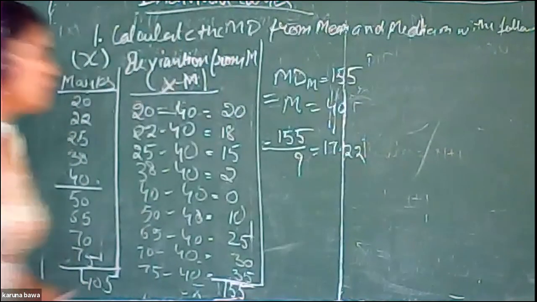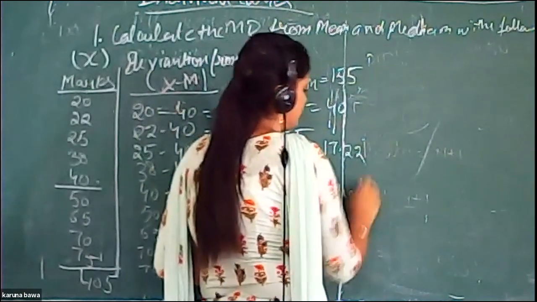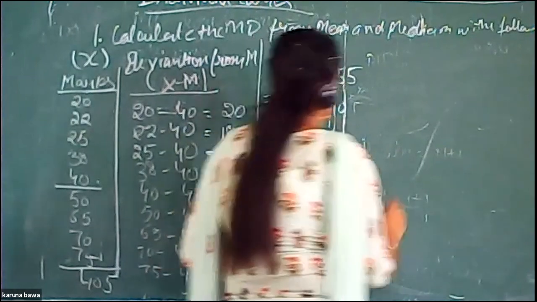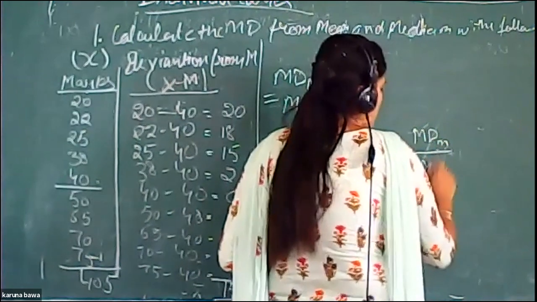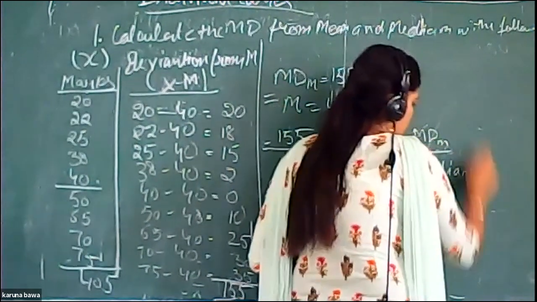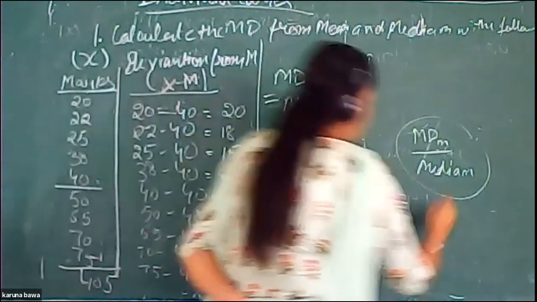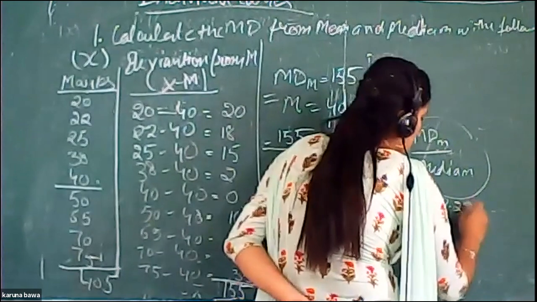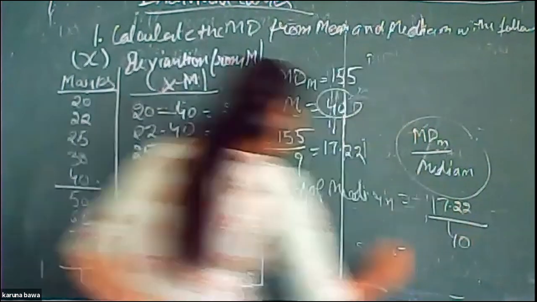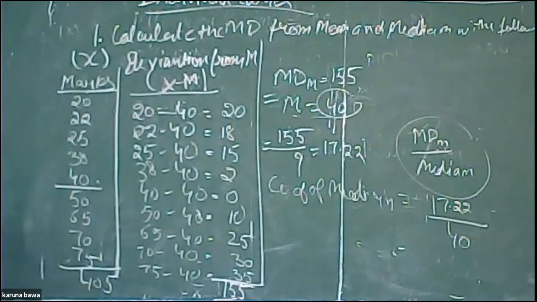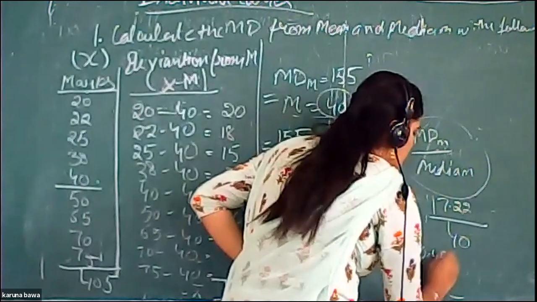So now find out the coefficient of median. The formula is mean deviation from median divided by the median. So first, 17.22 divided by the median value 40, and the answer is 0.43.